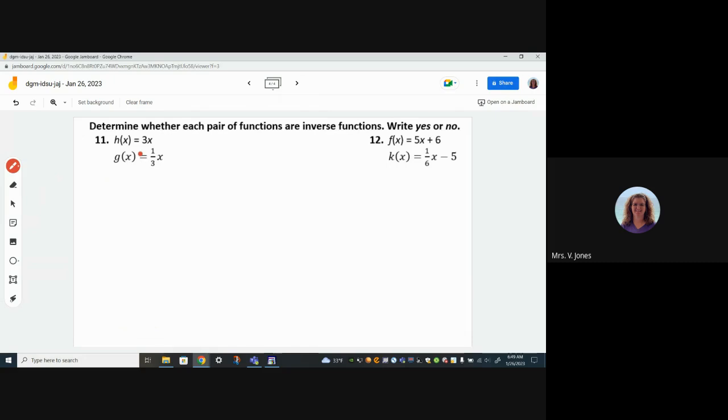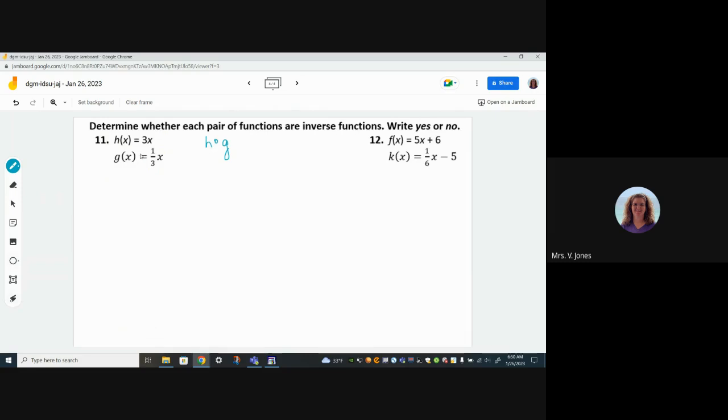Now, if you're supposed to determine whether each pair of functions are inverses, you actually have two options. If you wanted to, you could come up here and find its inverse. And then if it was that, then you know, yes, they're inverses. Okay, so that's one option. Another option, going back to things that we've learned recently, would be to work out h of g.